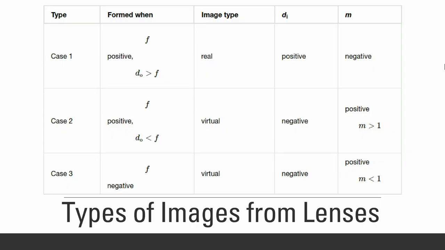It still produces a virtual image because the image distance is negative, meaning it's formed on the same side as the object. So your virtual images will form on the same side as the object, and your real images will form on the opposite side of the lens as the object. But again, that's perhaps beyond the scope of this class.